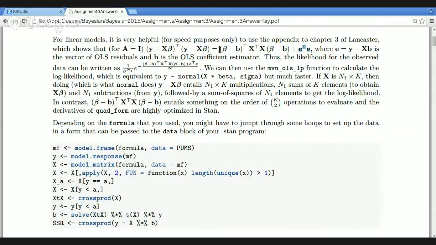And so the least squares estimates and the sum of squared residuals implied by the least squares estimates can be calculated once before Stan even starts. And that can be used like sufficient statistics in order to make a Stan model that runs relatively quickly.